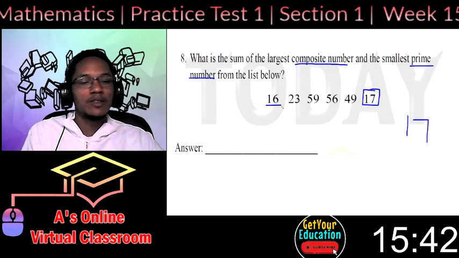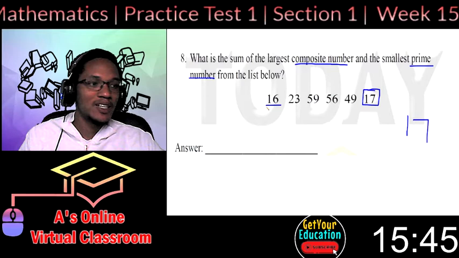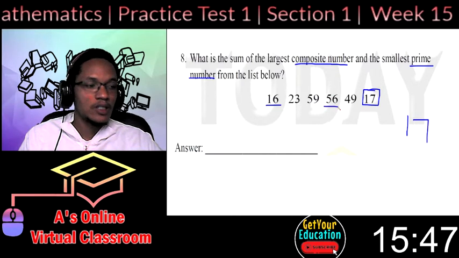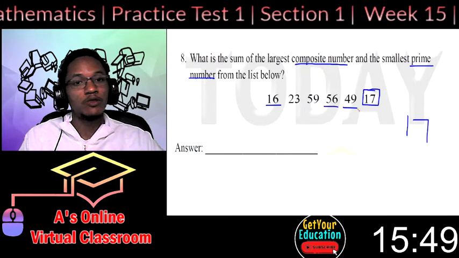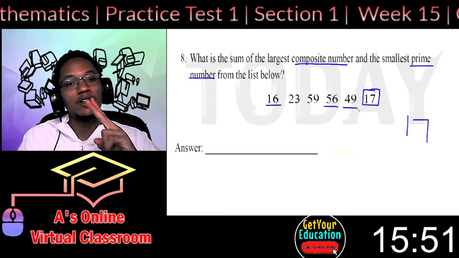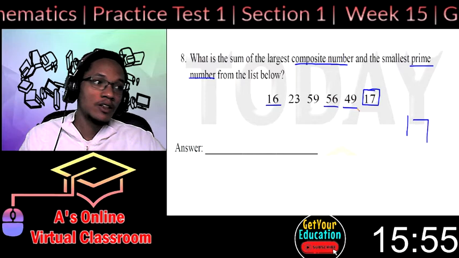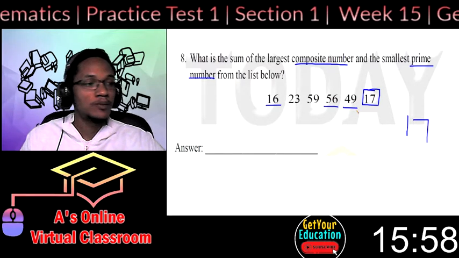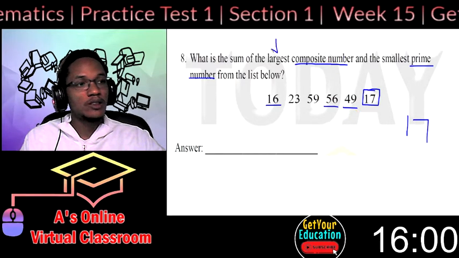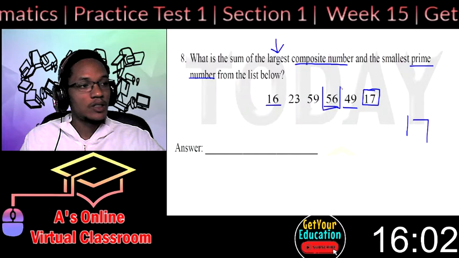It's more than 2 numbers. So numbers like 16, 56, and 49 actually, because 49, 1 could divide it, 49 could divide it, and 7 could divide it. So it's more than 2 for 49. 49 is a composite number, but they want the largest, so we're going to take 56.